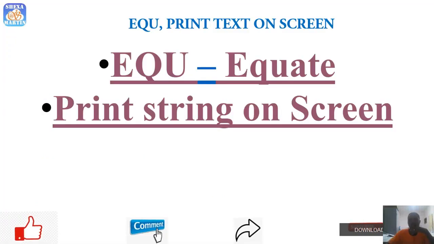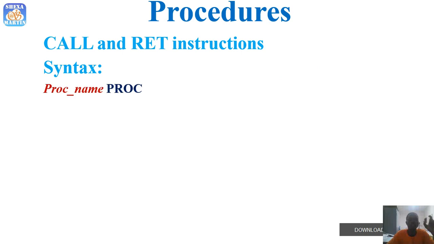Let's just go to the one that we want to run. So call and return instructions in a procedure. So what's the syntax for procedure definition? You say procedure name, then you say PROC. Then procedure code goes here, and then you put some instructions, more instructions, and then you say return.